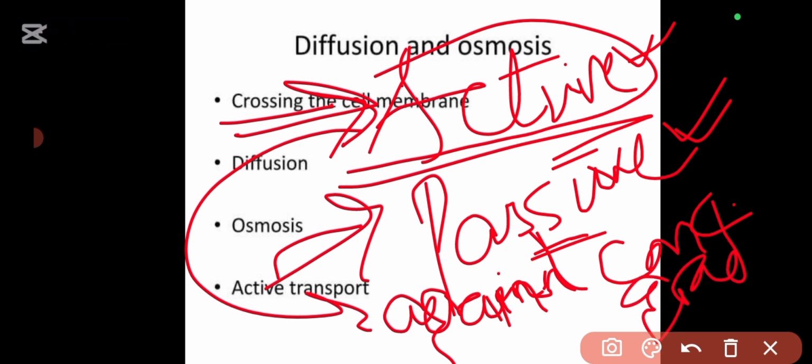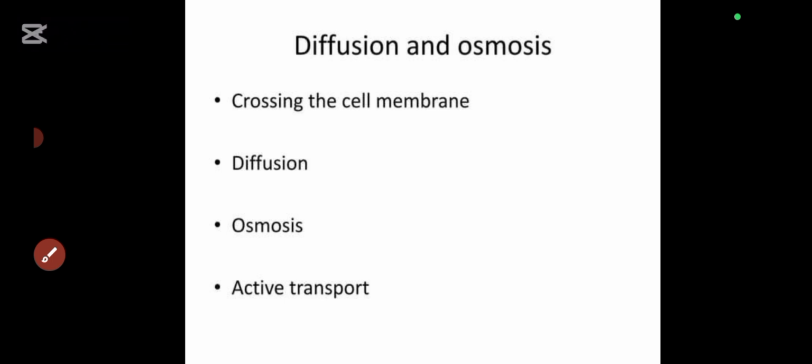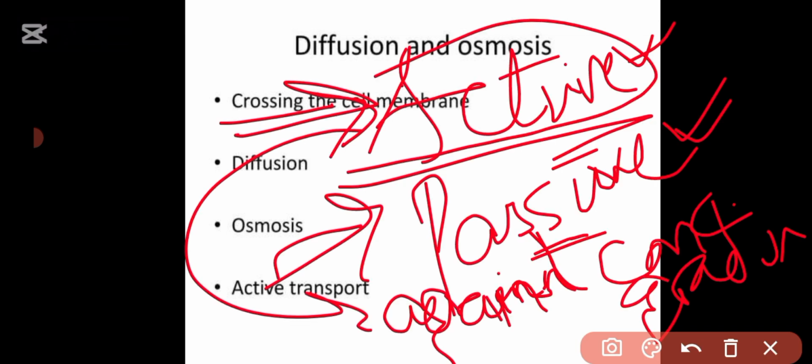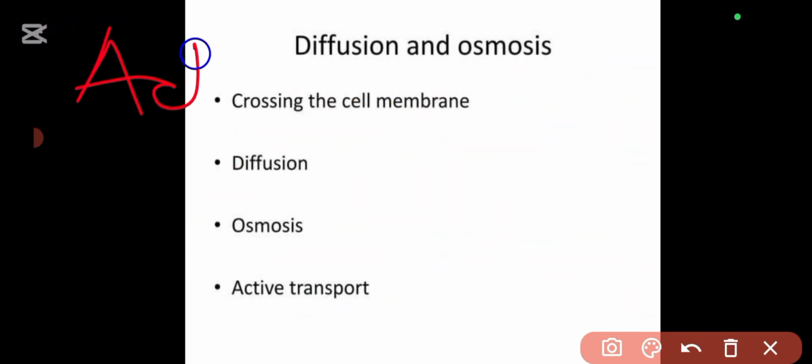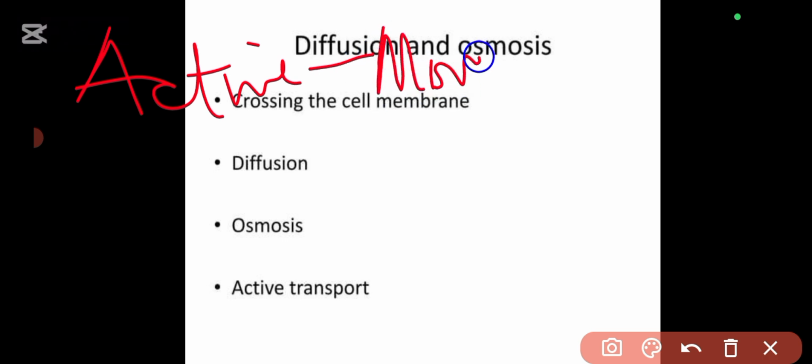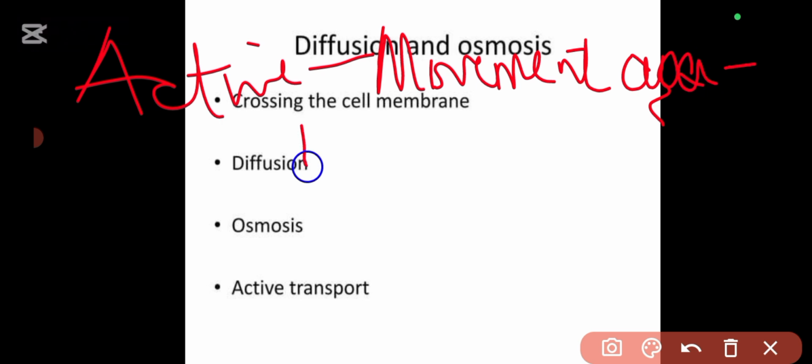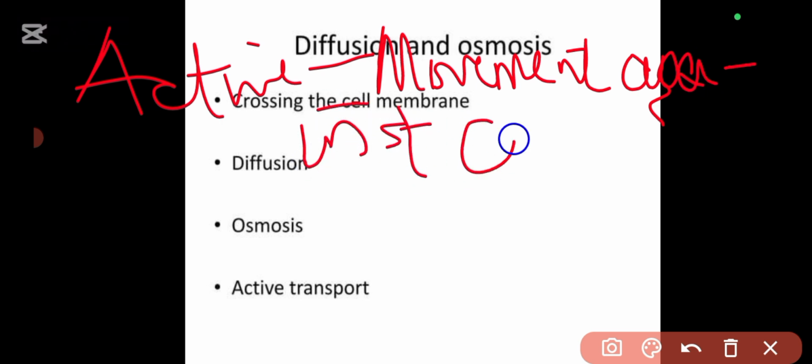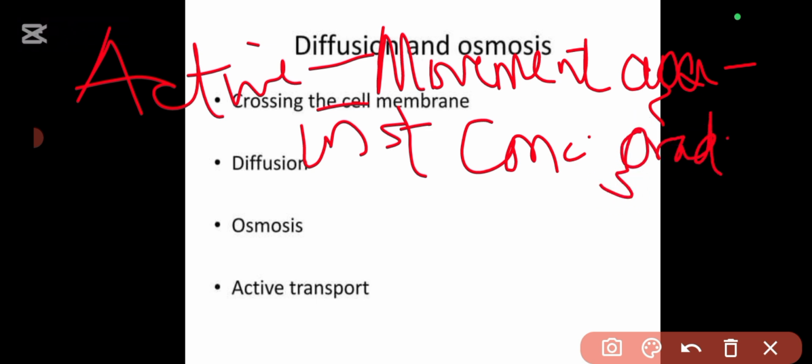Now, when you hear gradient, it shows there is a difference, right? So active transport is movement against concentration gradient.